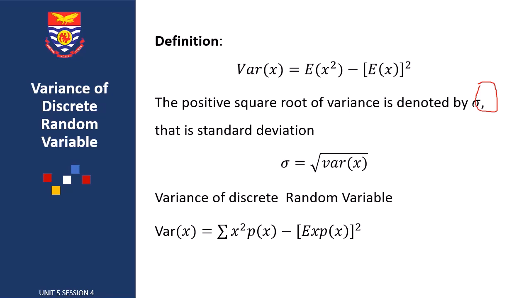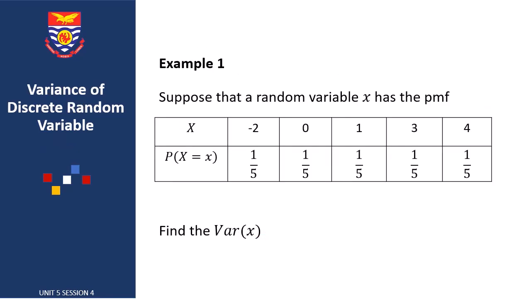So we square the random variable x and multiply it with its probability, and that will give us the expectation of x squared. Then after getting that, we need to find the expectation of just x. And having the answer, we square the whole thing. Is it clear now? Well, maybe an example will help.